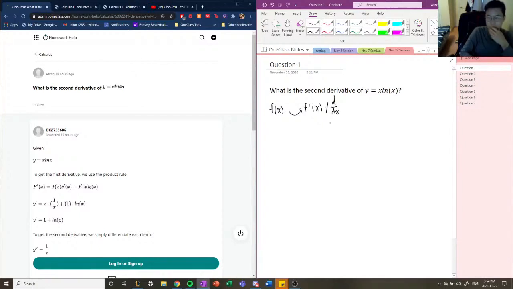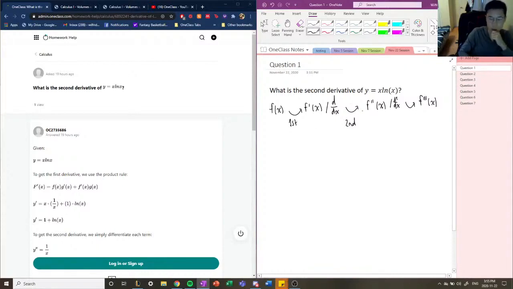The second derivative would be f double prime of x, or d squared over dx squared. We can keep going on and on, f triple prime, but the derivatives start being less useful past the fifth derivative. So when they ask us to find the second derivative, we need to differentiate this function 2 times.